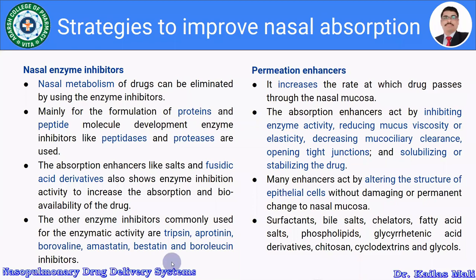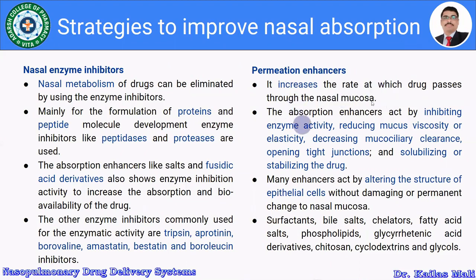Already we have discussed the permeation enhancers, but still there is a need to discuss the permeation enhancers related to the nasal drug delivery system. As you know, they increase the rate at which the drug passes through the nasal mucosa. So permeation enhancers are going to improve the nasal permeation of the drug.